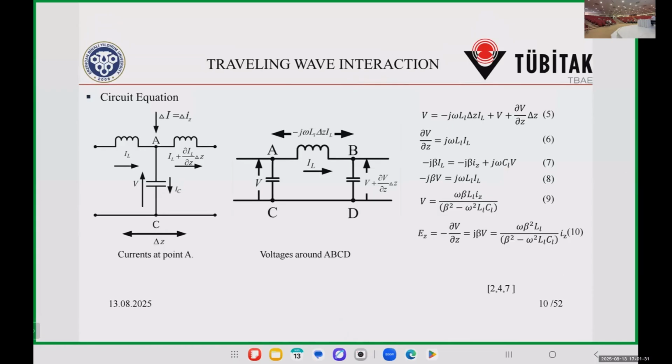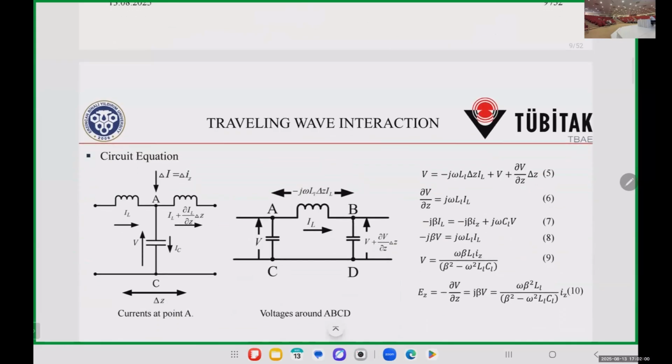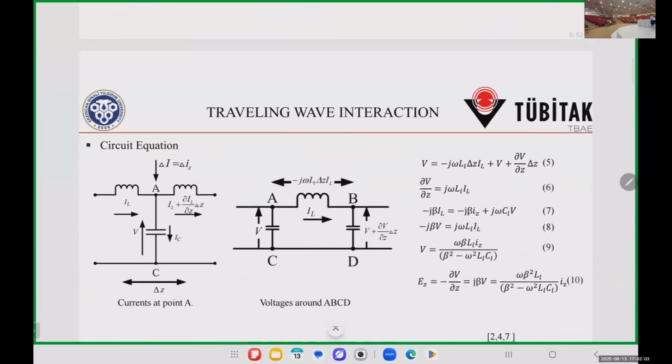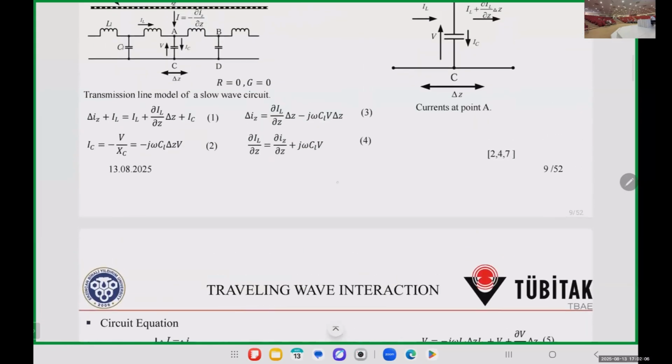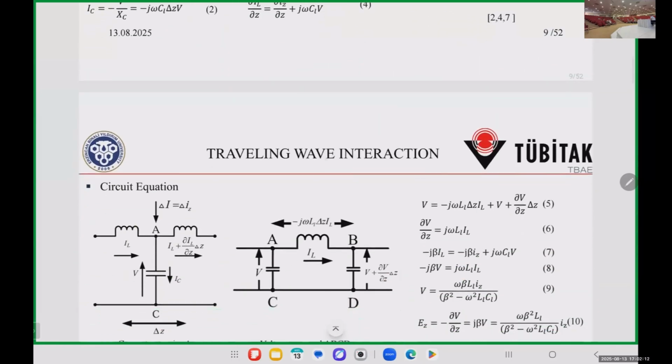If we arrange this equation, we obtain equation 6. If we use phasor notation, we obtain equation 7. If we take equation 4 and use phasor notation, we obtain equation 7.